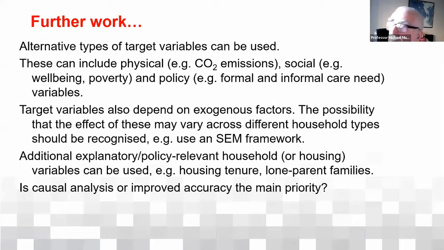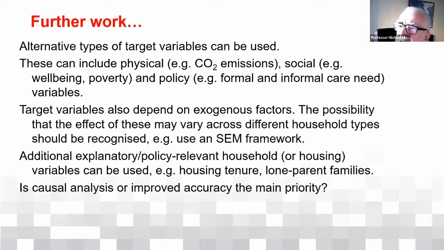Crucially, people who are partnered will tend to have access to informal care from their partner in a way that is not an option for those who are living alone. So the balance between formal and informal care depends substantially on household context. These target variables depend not only on things like household structure.